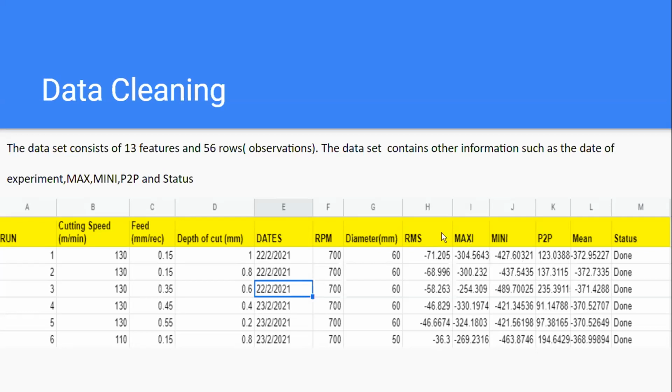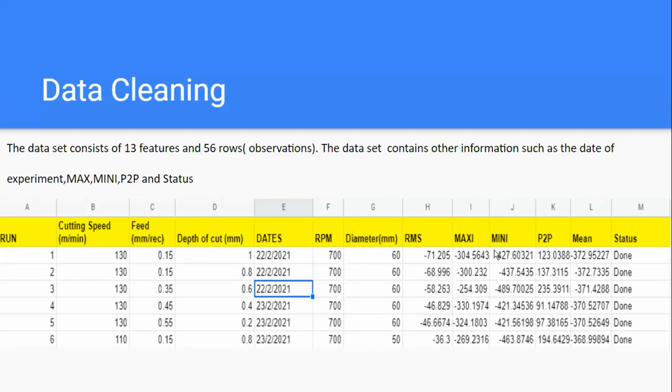The data set contains 13 features and 56 rows, which are the observations. Out of these, features such as dates, run, max, min, and status are not that important, so at the initial stage I dropped them from the table.